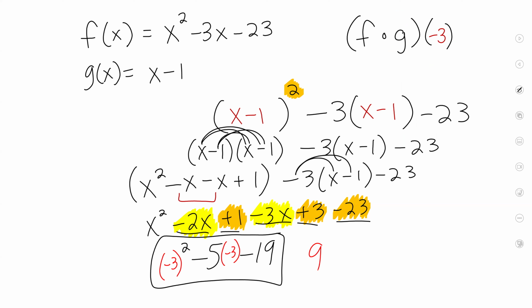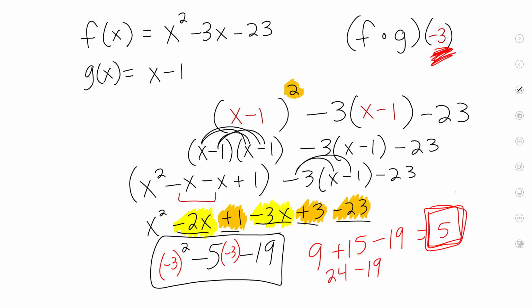Negative 5 times negative 3 is a positive 15, and then subtracting 19. 9 plus 15 minus 19 is 5. Because 9 plus 15 is 24. 24 minus 19 is 5. So if we evaluate this at negative 3, we get 5.